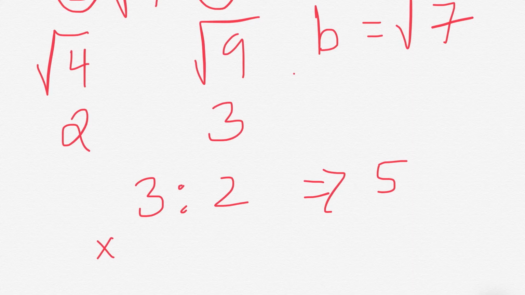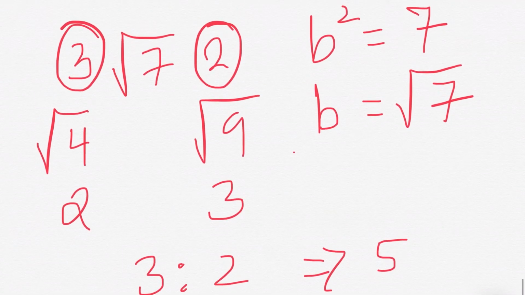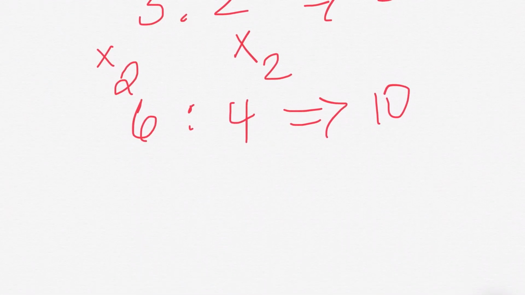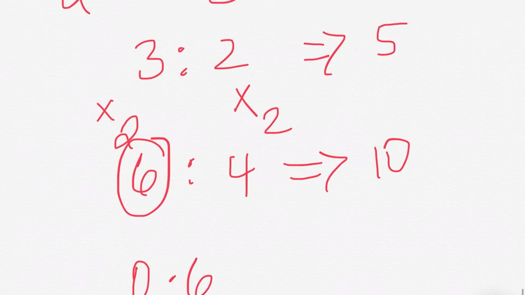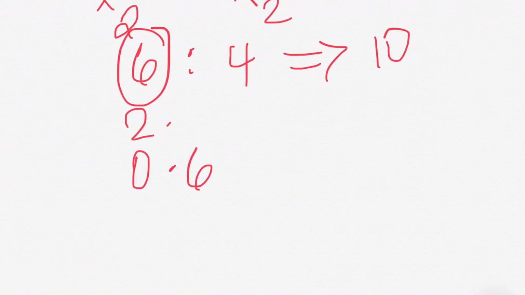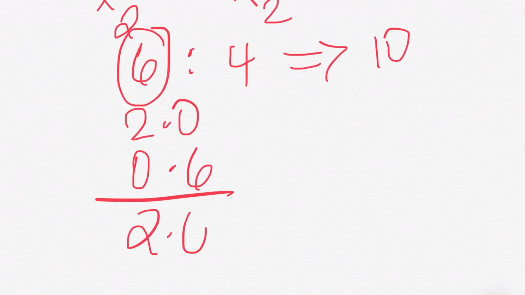So we multiply this with 2 and multiply this also with 2. We get this 6 and get this 4. The total turns out to be 10. The number 7 is more closer to 9, and that is the reason we will go with the bigger number and turn it into 0.6. The square root of 4 is 2, which we are going to add to this, making it 2.6.